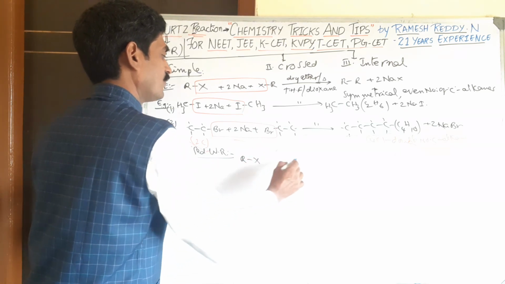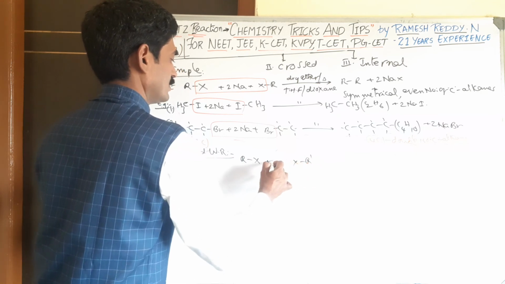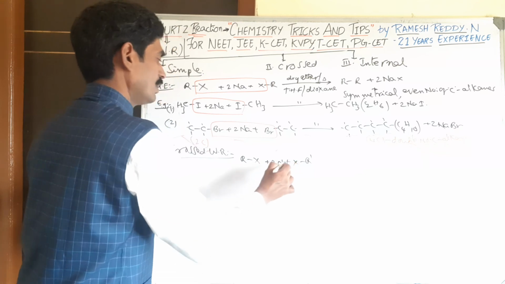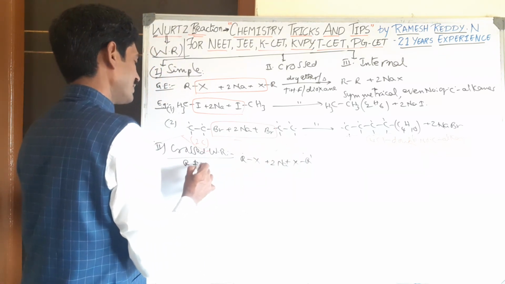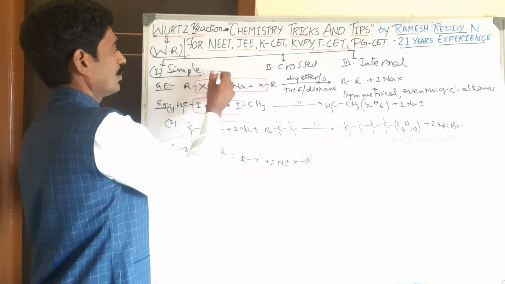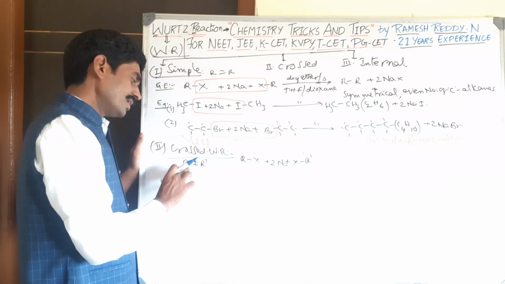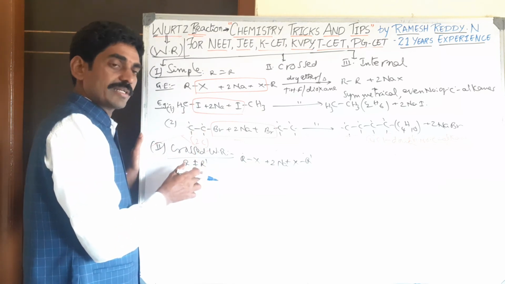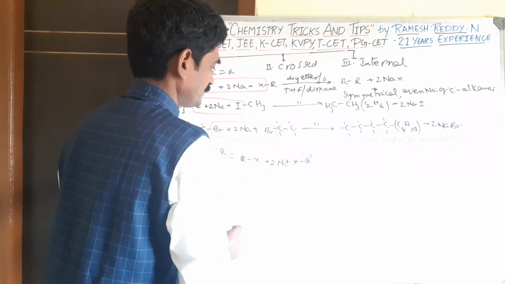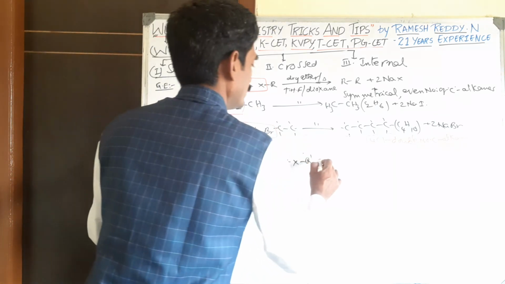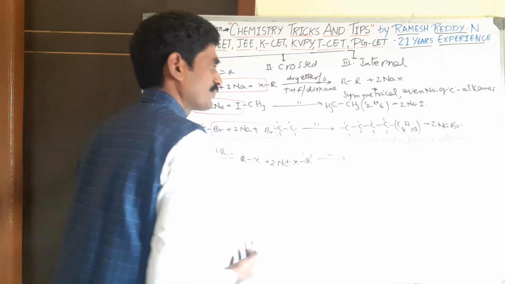That is, one mole of alkyl halide RX and the other R'X. So students, here R and R dash both are different, R is not equal to R dash, whereas in the simple Wurtz reaction both alkyl groups are the same, R equals R dash. Here it may be methyl and ethyl, or ethyl and propyl, like that. Two different alkyl halides are heated in the presence of dry ether solvent or tetrahydrofuran.